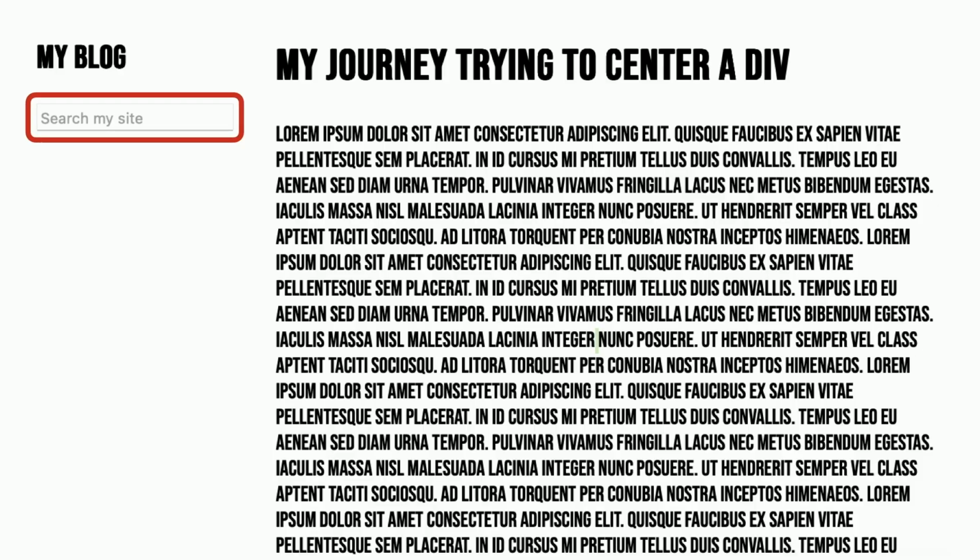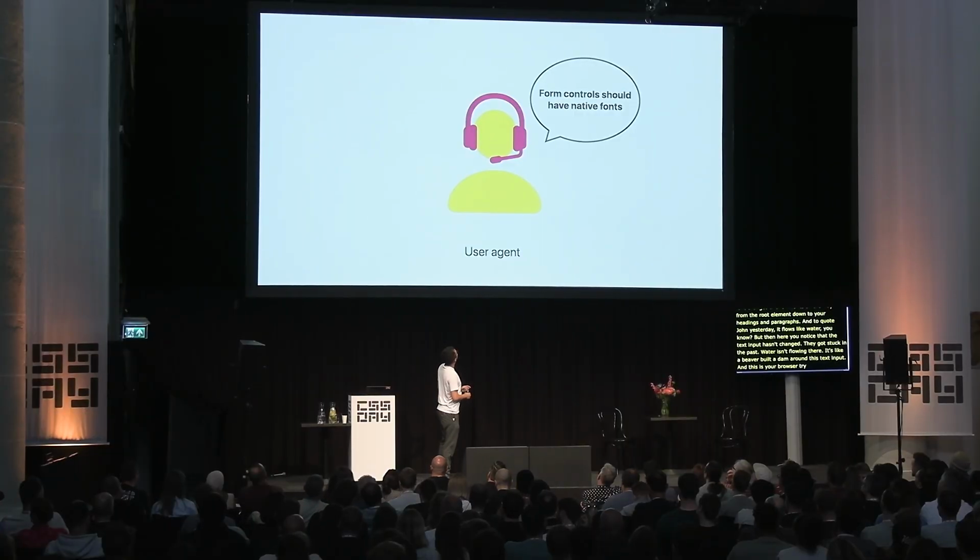But then here you notice that the text input hasn't changed. You know, they got stuck in the past. Like, water isn't flowing there. It's like a beaver built a dam around the text input. And this is your browser trying to be helpful by saying, you know, form controls should have a native font.